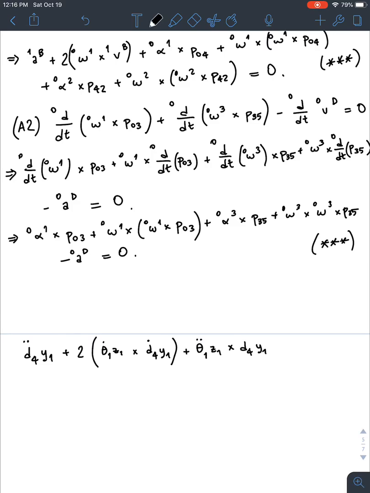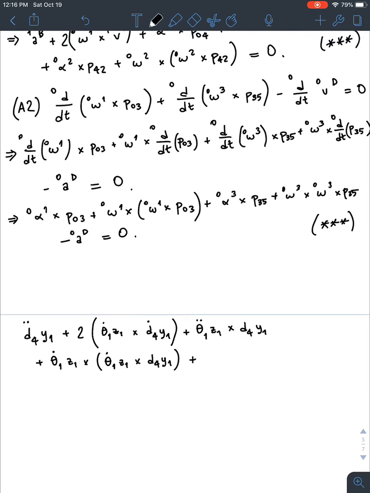Correct? Carry on. I'm going to carry on writing. Angular velocity of 1 in 0 is going to be theta 1 dot in the z1 direction, cross theta 1 dot in the z1 direction, cross d4 in the y1 direction. Okay. Over here we are at this term right there.